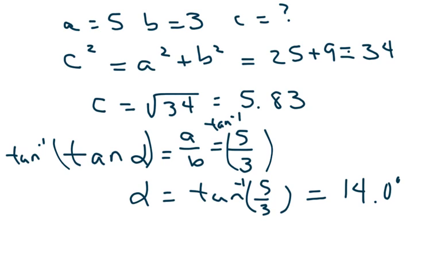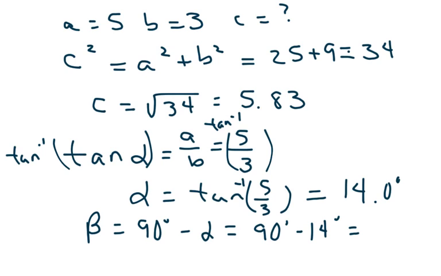And then to find beta, we're just going to take beta equals 90 degrees minus alpha, which equals 90 degrees minus 59 degrees, which equals 31 degrees.